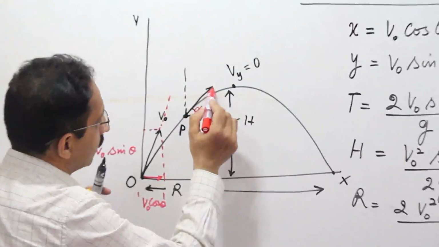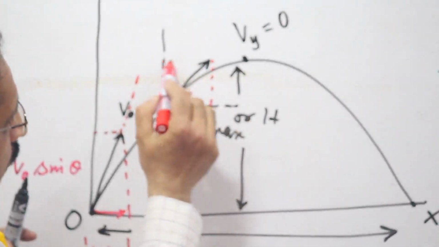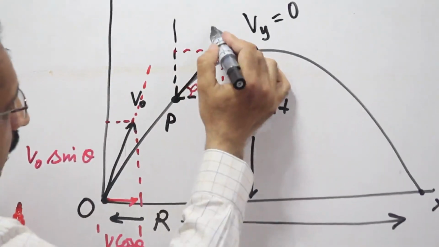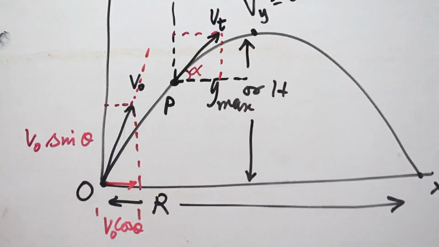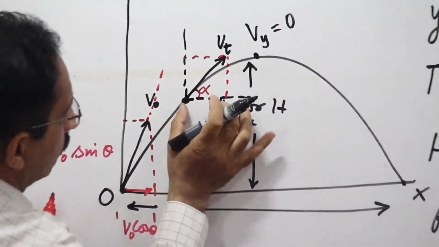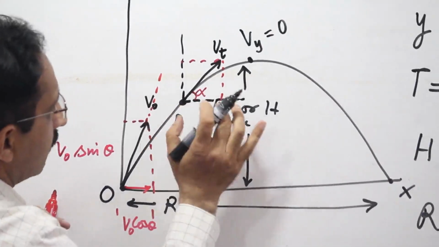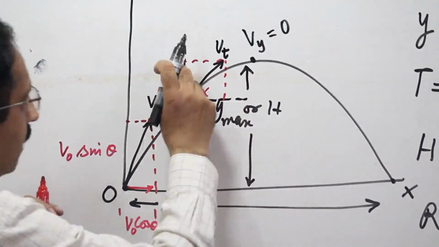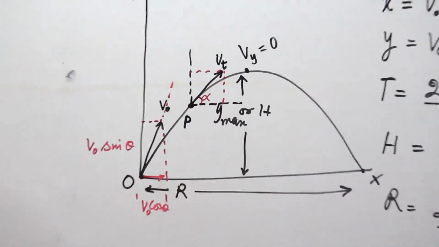I have this velocity again resolved into two components. One component I call this velocity as vt. T stands कि ये किस टाइम पर velocity हम ले रहे हैं. So I have vt equal to जो ये component होगा x component, it will be vt cos alpha as usual. जो ये component होगा it will be vt sin alpha as usual.